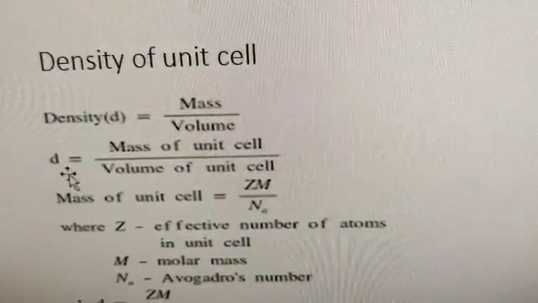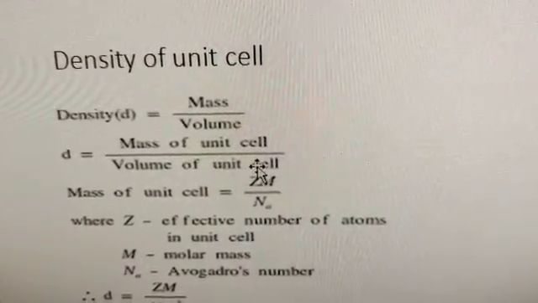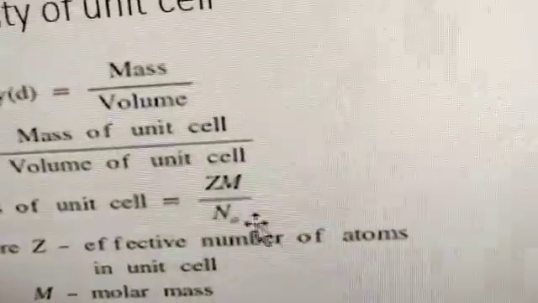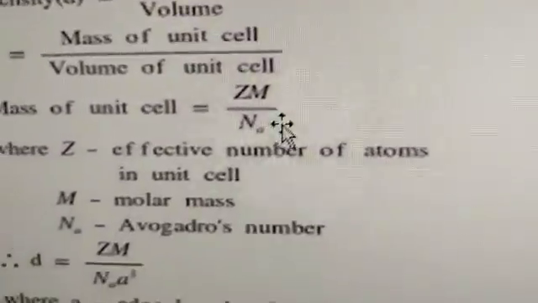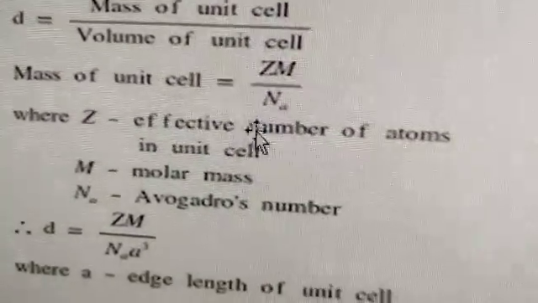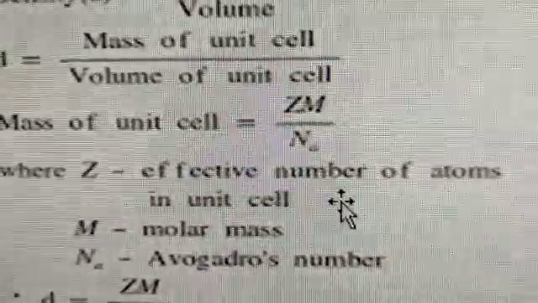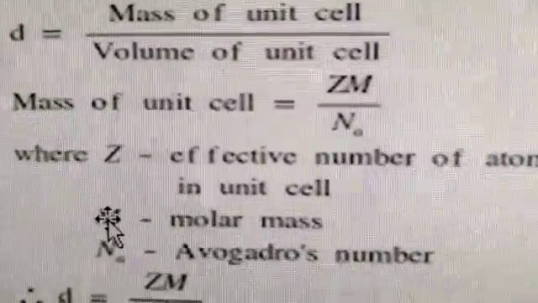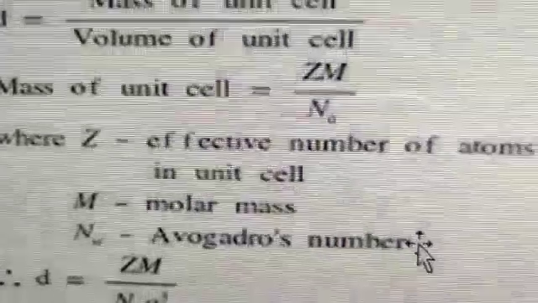It is represented by small d, which is equal to mass of unit cell upon volume of unit cell, and the mass of unit cell is equal to ZM upon Na, where Z is the effective number of atoms in the unit cell, the capital M is the molar mass, and Na is the Avogadro's number.